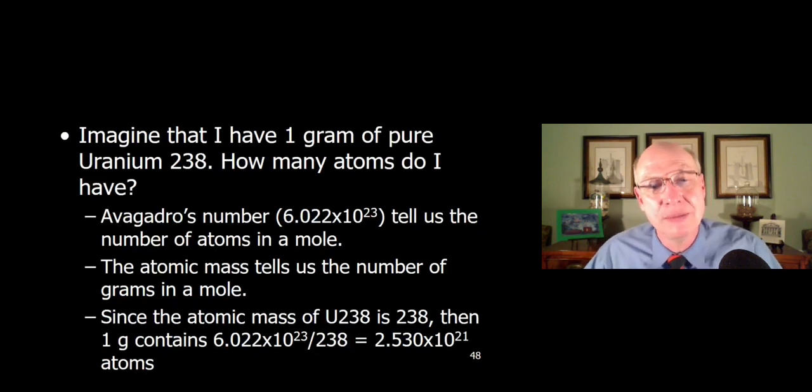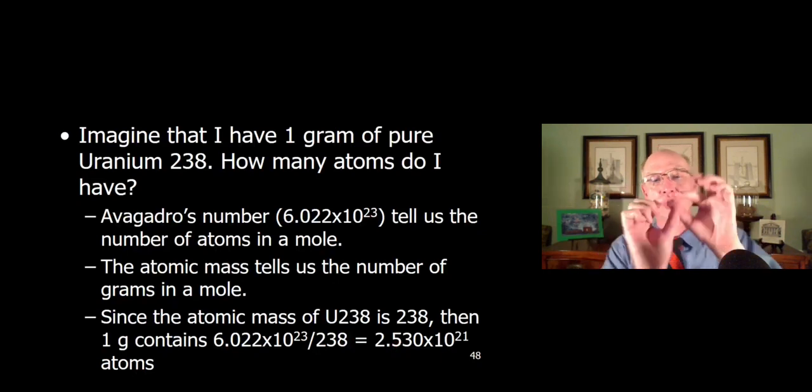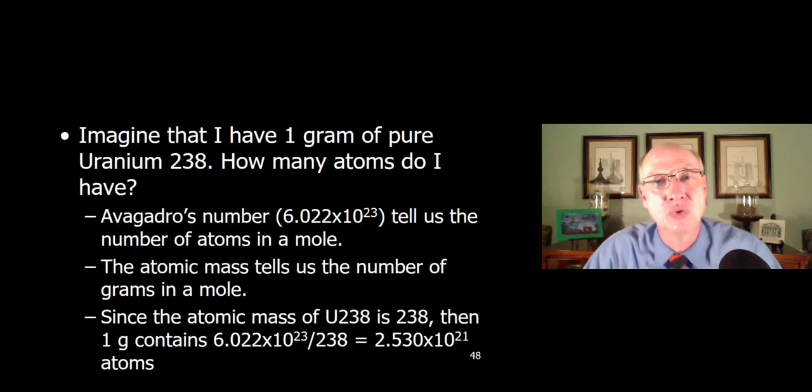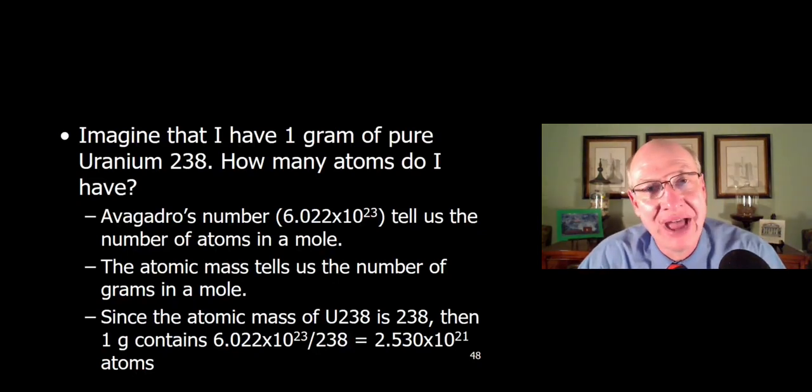So for uranium-238, which has an atomic mass of 238, that means that 1 gram of uranium-238 contains 6.022 times 10 to the 23rd divided by 238, or 2.530 times 10 to the 21 atoms. So if I just took 1 gram of uranium-238, I'd have 2.5 times 10 to the 21 atoms in there.